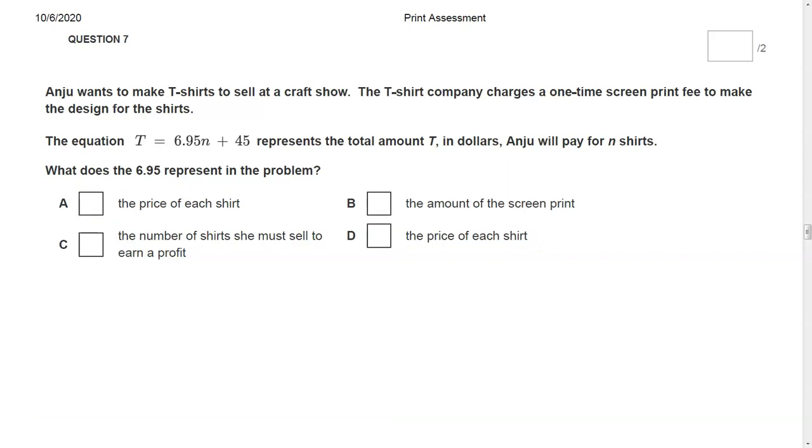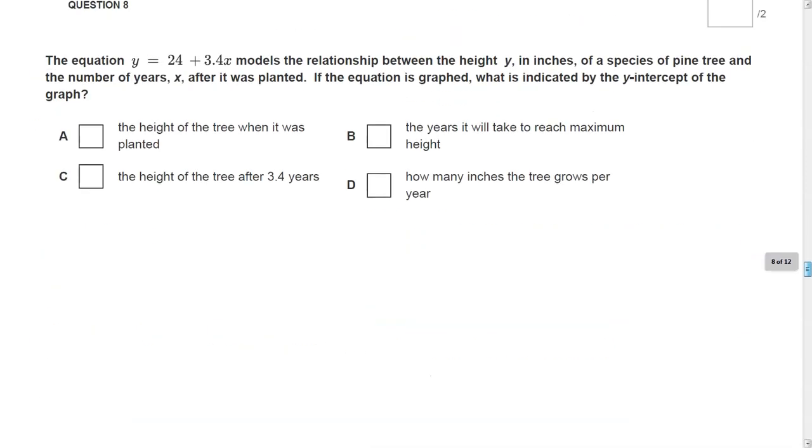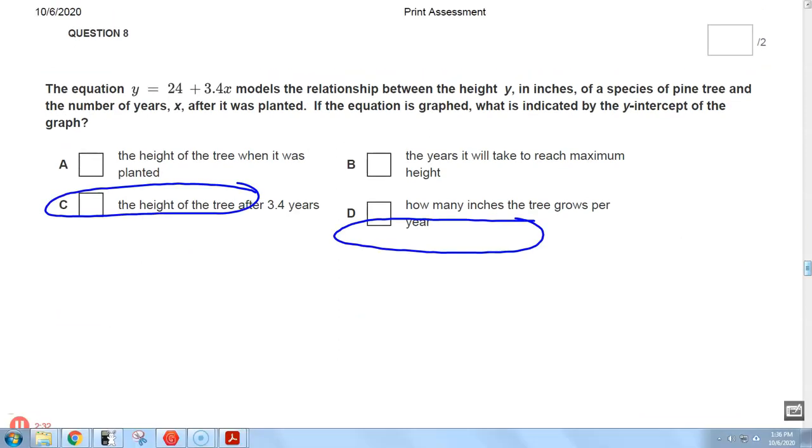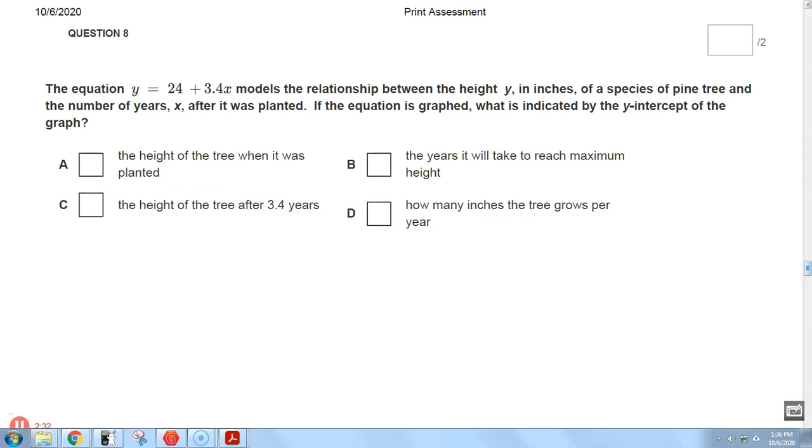All right, moving right along, number 8. We have an equation about the number of years. It talks about the height of a species of pine tree. So let's figure out our height is y.